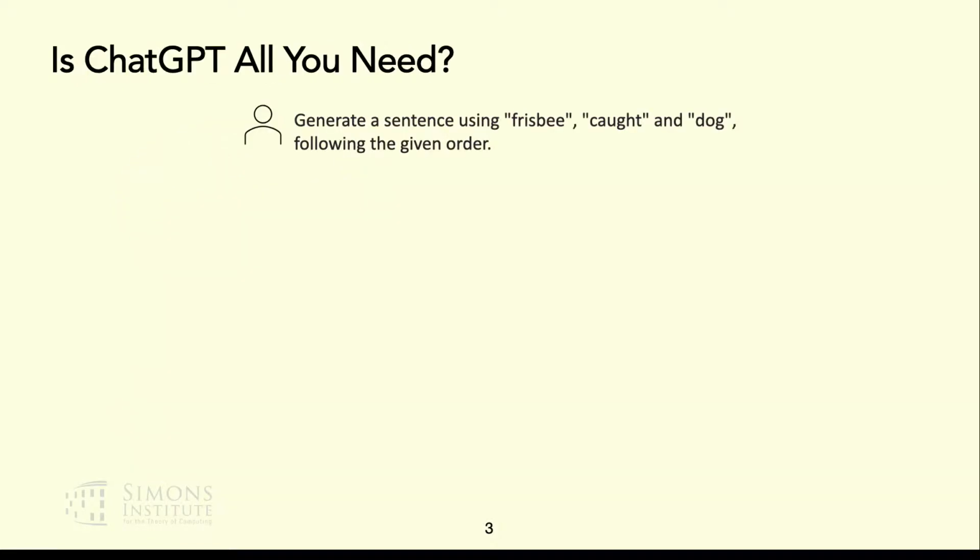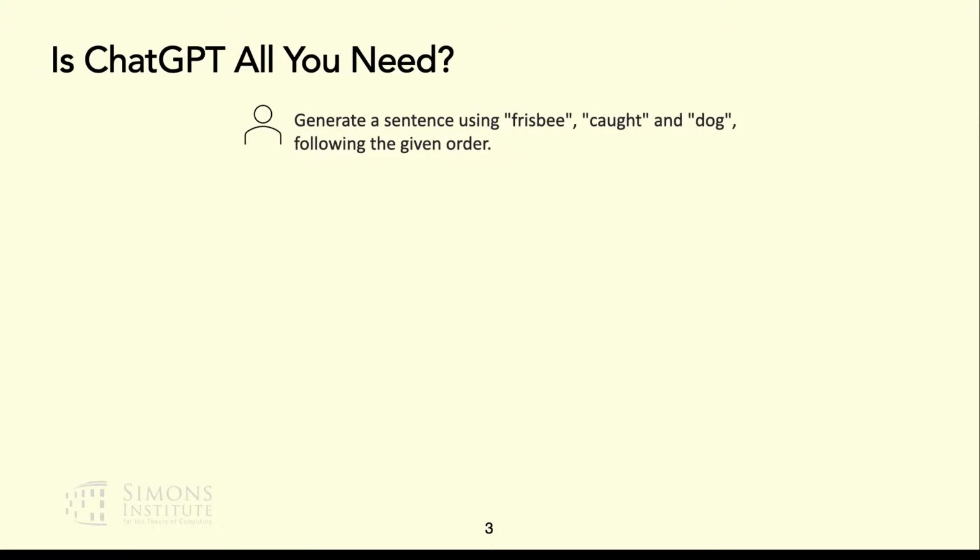Okay, so I tried this a few months ago. It was an actual conversation between me and ChatGPT. I asked the model to generate a sentence using frisbee, cod, and dog following the given order.